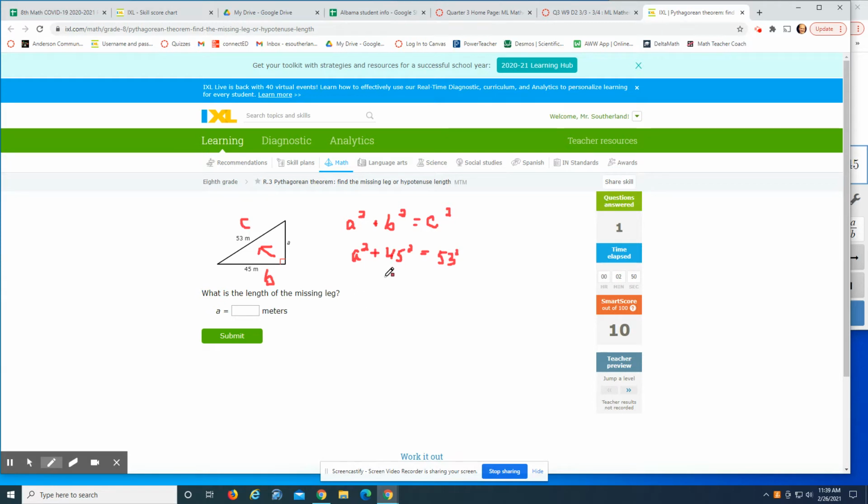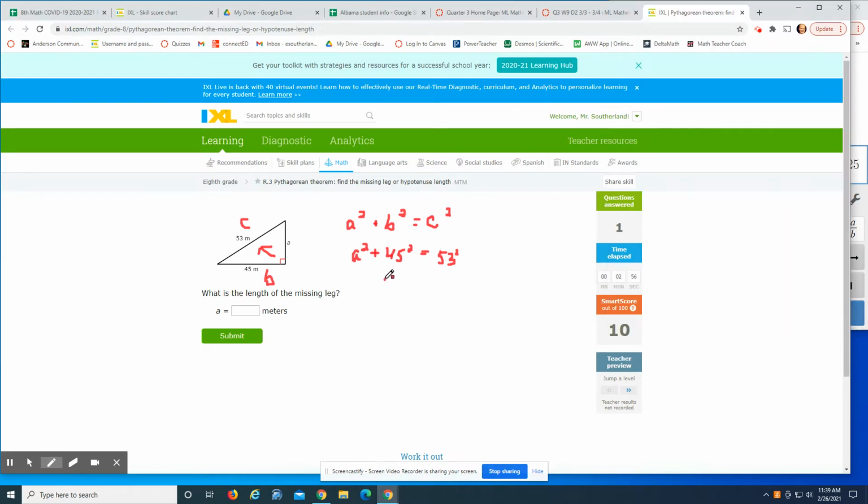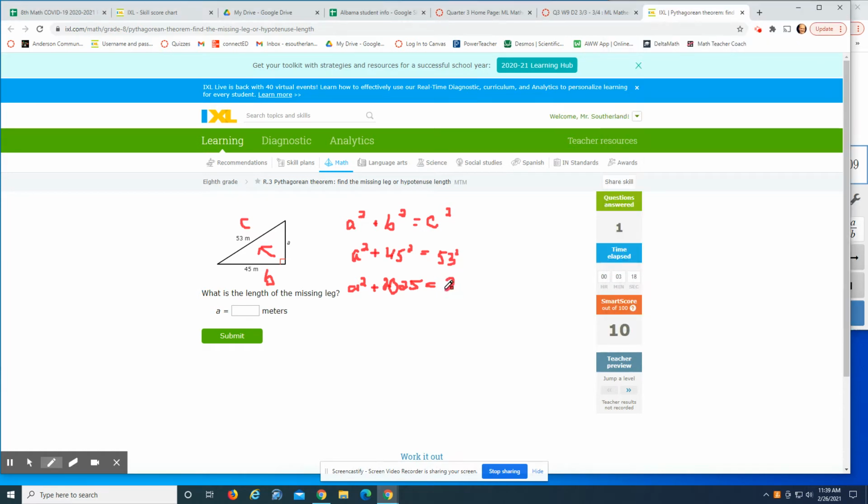And so the first thing we're going to do is square both numbers that we know. So 45 squared is 2025. A squared and the plus sign will just drop down. So does the equal sign. Then we got to figure out what 53 squared is, which is 2809.